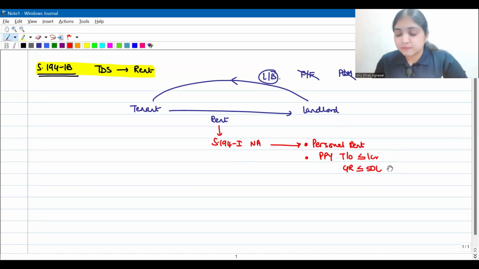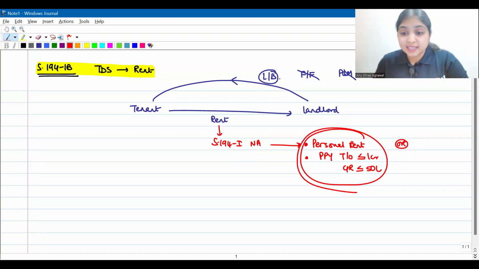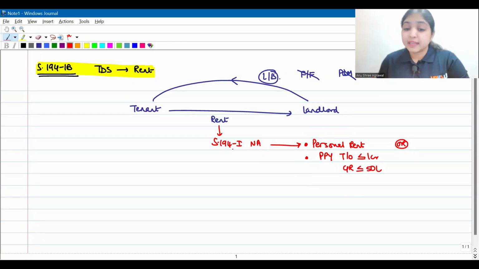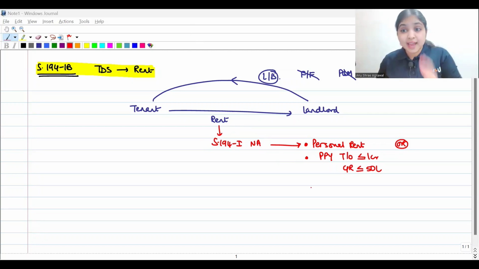Please notice, this is the first reason and this is the second reason, and in between both of these reasons I am putting the word or, which indicates it is not necessary that both the reasons have to be fulfilled. Either it is personal rent, and that is why 194I is not applicable, or the turnover or gross receipts number are within 1 crore, within 50 lakhs, and that is why 194I is not applicable. Only then I think about 194IB.